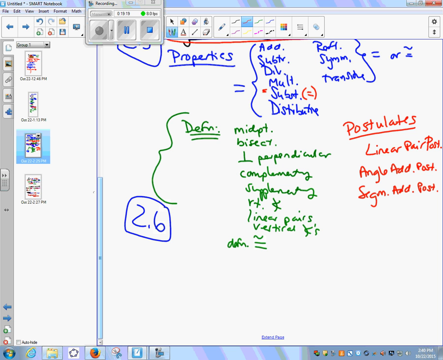All of those we use in proofs. And remember, the postulates are different from theorems because theorems have been proven to be true all the time, and postulates we accept as being true without proving them. So that's the difference between a postulate and a theorem.